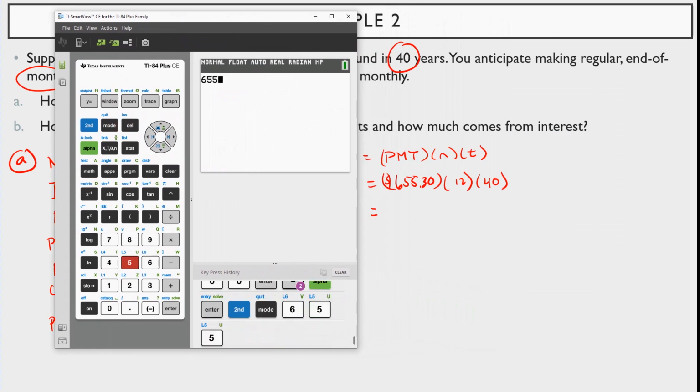So 655.30 times 12 times 40. In total over 40 years, you made $314,544 in deposits.